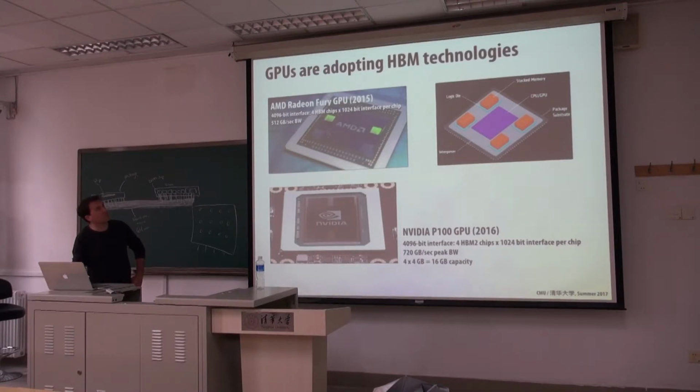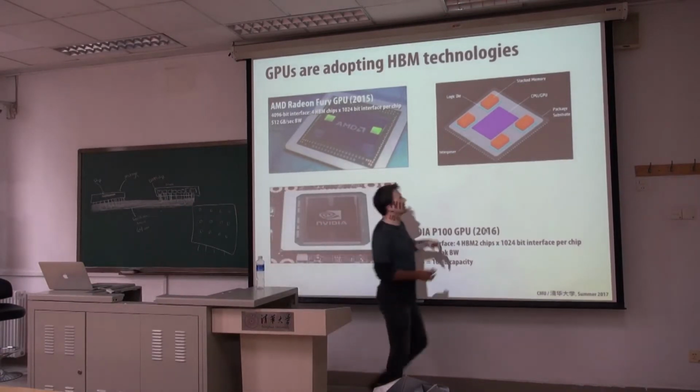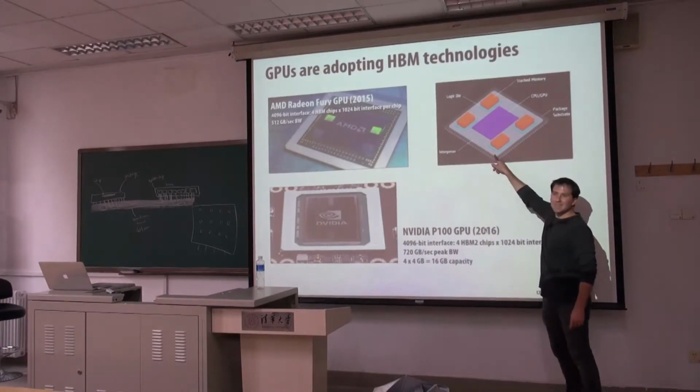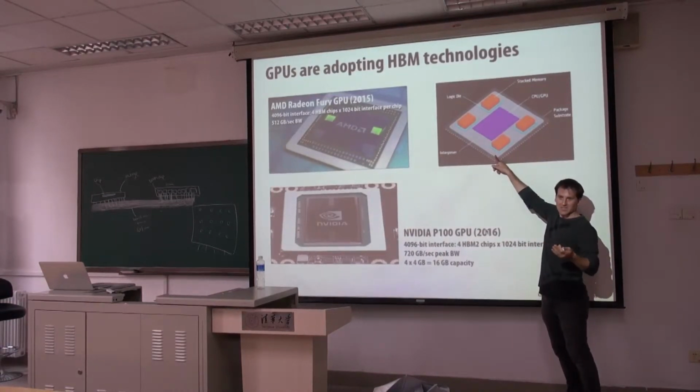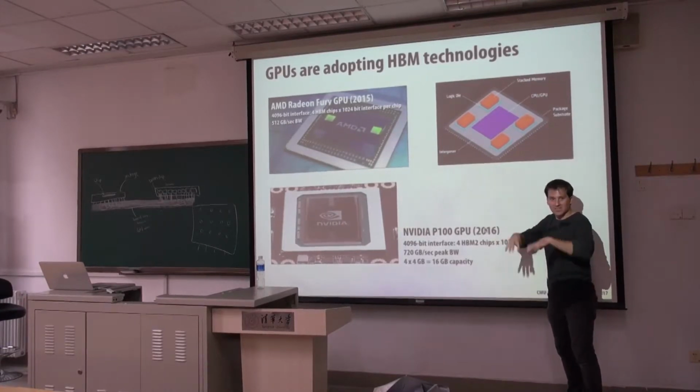So it had 4 of these chips with a 1024-bit interface, not 64, 1024-bit interface to memory. Here's NVIDIA's P100, which is 2016, and again, here's the block diagram of both of these. There's this really big chip called the interposer, which is kind of like the thing that everybody puts their silicon on.